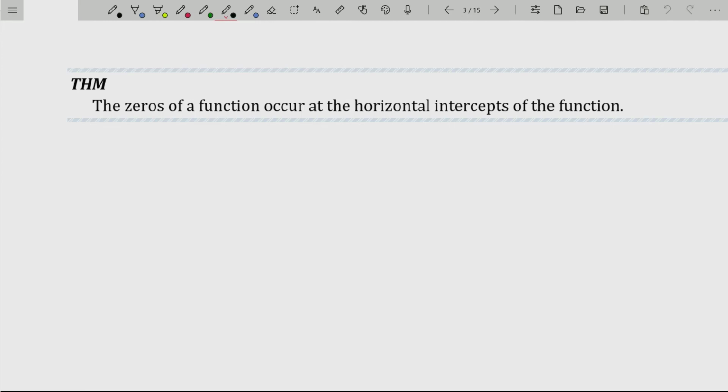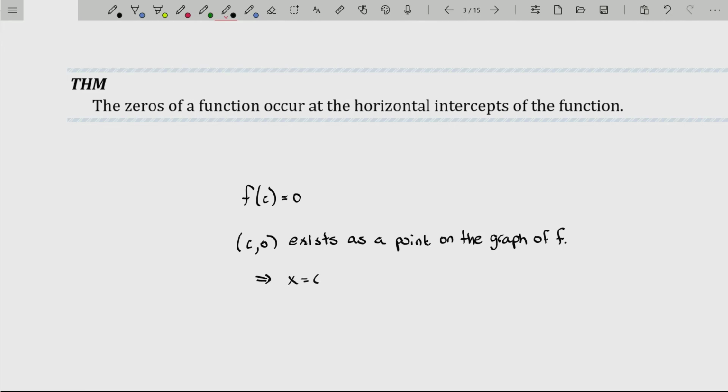That's just because if you know that f of c is equal to 0, then you know that c comma 0 exists as a point on the graph of the function f. And that implies x equals c is an x-intercept. Well, now I've actually just proved it.